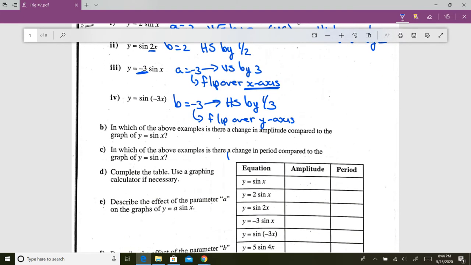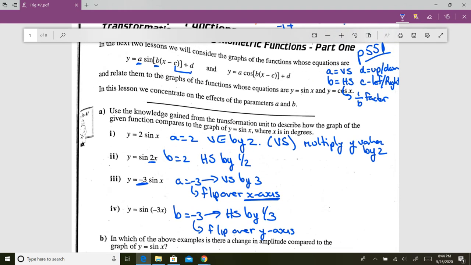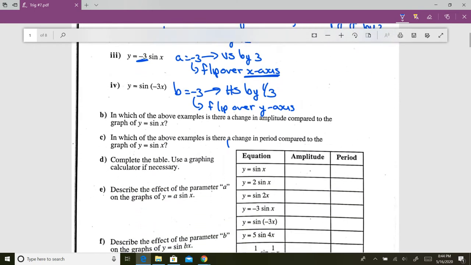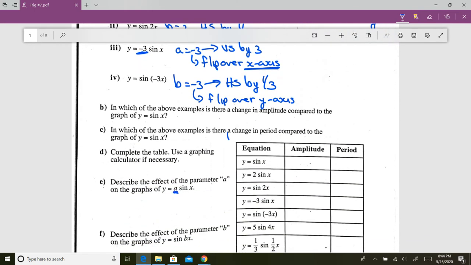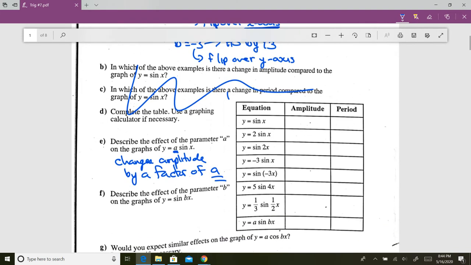So, what do you think these values do? What does the A value do in terms of amplitude? This A value changes the amplitude, which is the max and the mins, by a factor of A. You just multiply by whatever A is, and that expands the maxes and the mins.